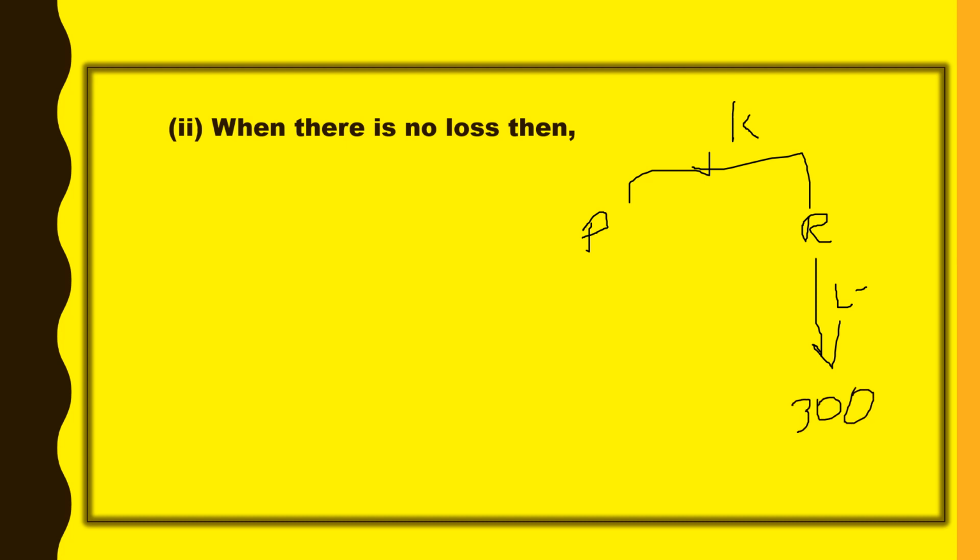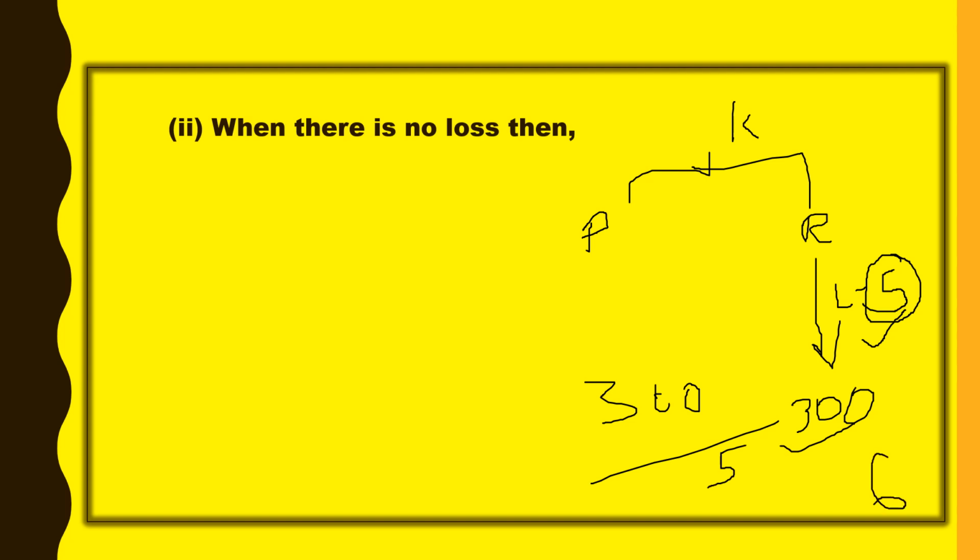When he calculated, he came to know that on each book he lost 5 rupees. Means how many books did he sell here? Simple, 300 by 5, which is nothing but 60. So by selling 60 ruled books, he got a 300 rupees loss.